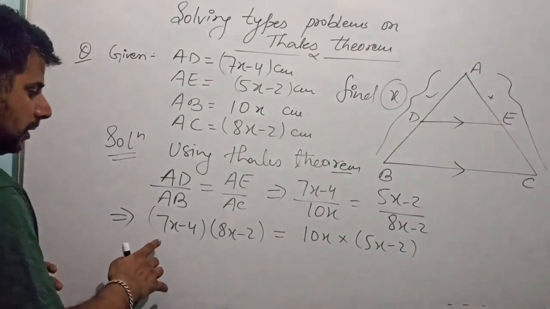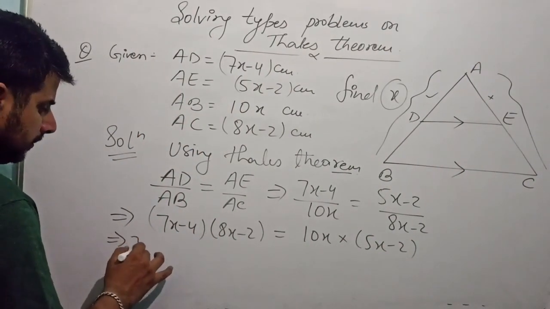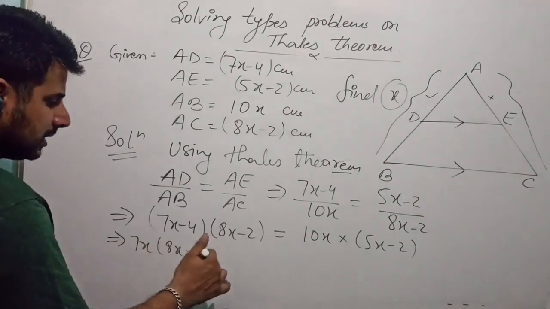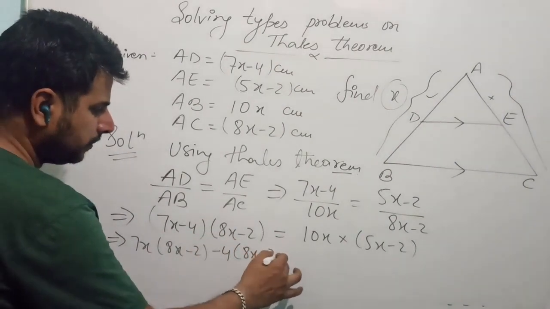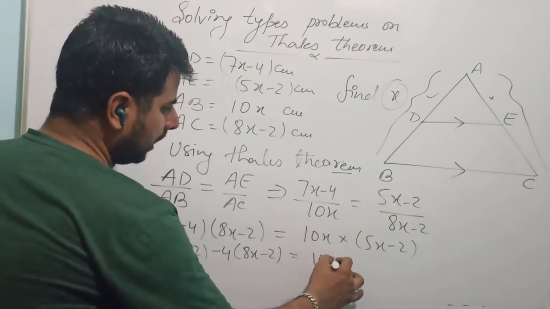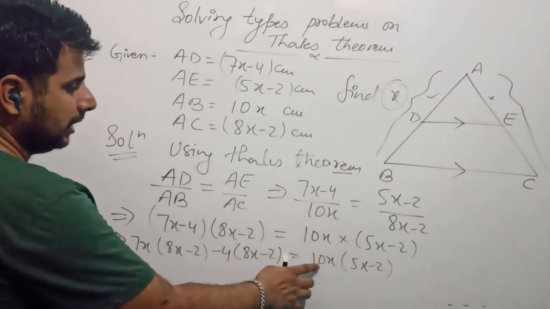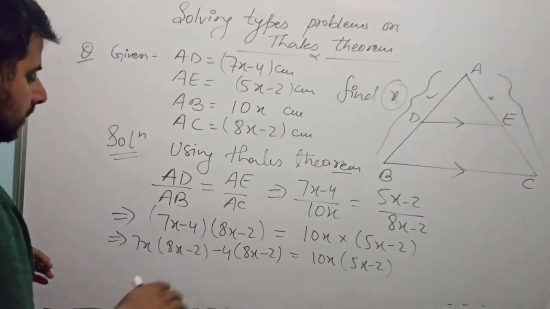Let's do the multiplication. 7x will multiply to first 8x minus 2. Write it down like this. Second, minus 4 will multiply to 8x minus 2. This side, the 10x will directly multiply to 5x minus 2 because there is nothing with 10x. 10x is alone there, no one else.